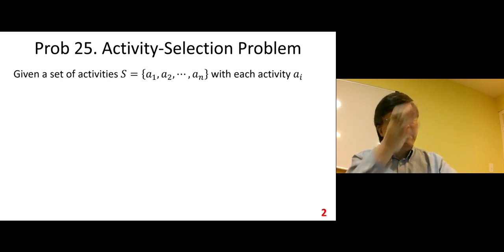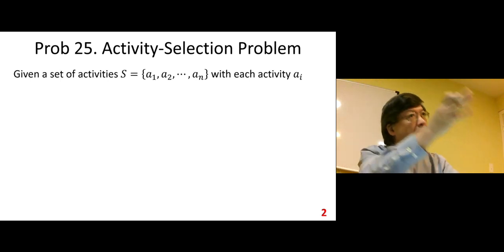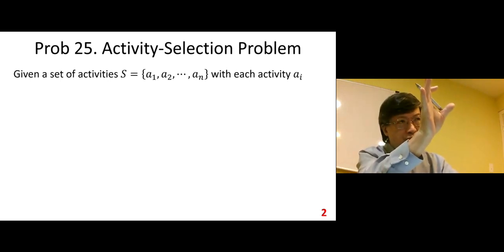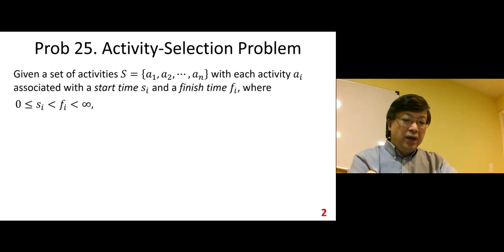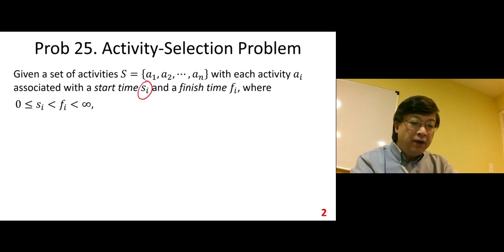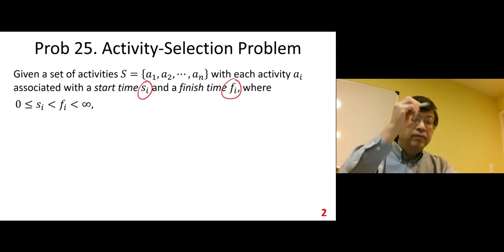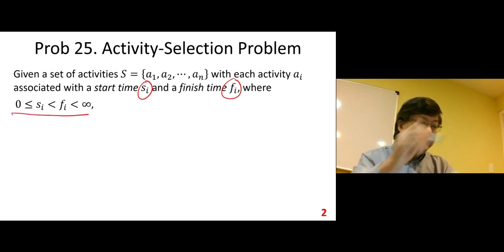Each activity has a start time and an end time. That interval is used to define an activity. Each activity AI is associated with a start time SI and a finish time FI, like this.